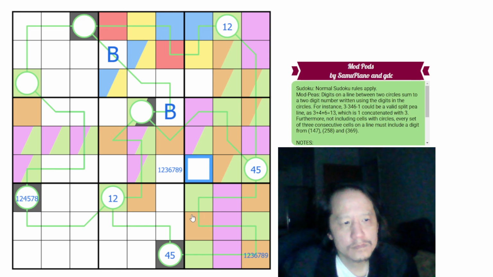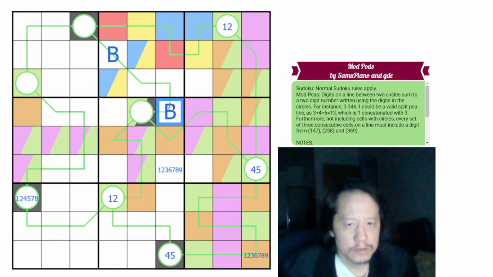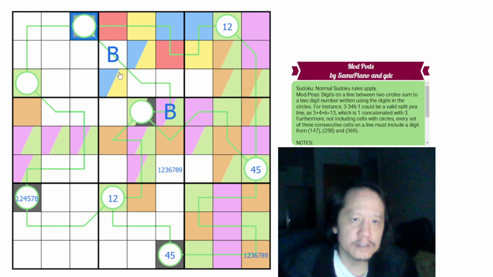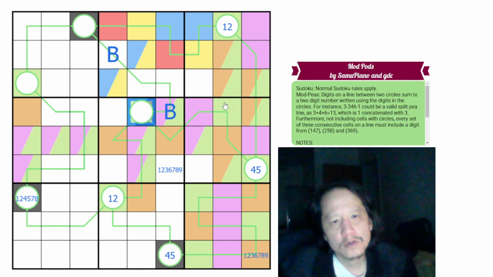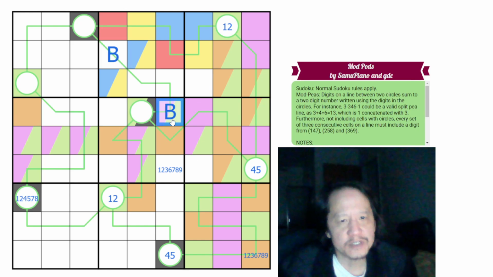This cannot be orange. So this is green or pink also. Because if this was orange, this would have the contradiction, or the paradox, that I was running into. We know that these must add up to a different modulo as these two and these two. So therefore this extra one must be a different set than the others.